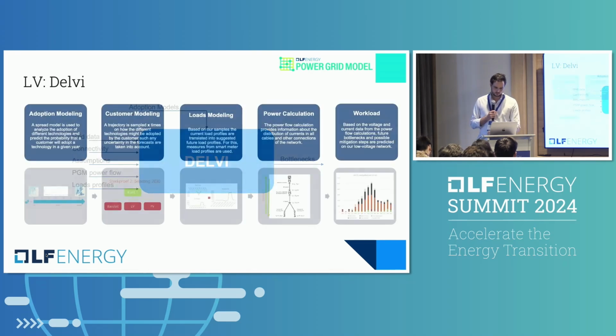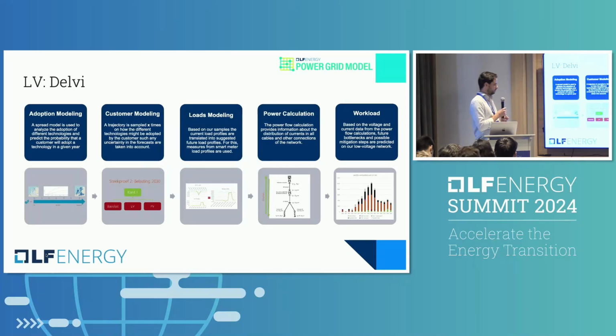So as a short overview of what actually happens, they have adoption modeling to determine the probability of adoption of different technologies by customers in a given year. They have customer modeling to generate multiple samples for the adoption of technologies to have a nice spread within your uncertainties.